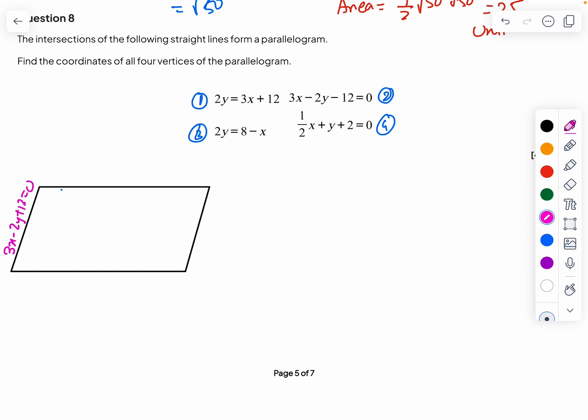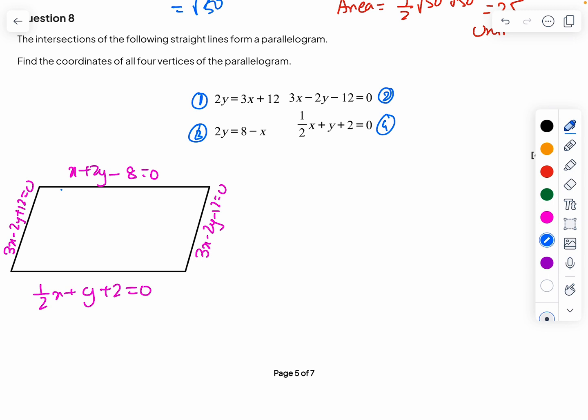Another equation will be 3x - 2y - 12 = 0. These two are parallel, whereas x + 2y - 8 = 0 and x/2 + y + 2 = 0. Those are the equations. Find the points of intersection of those.